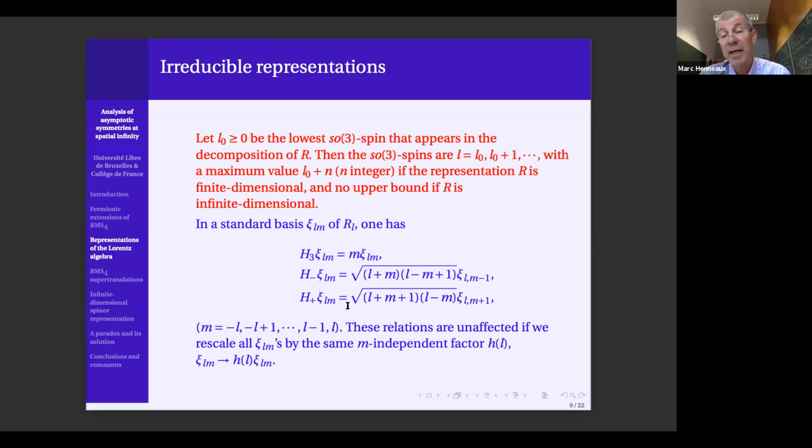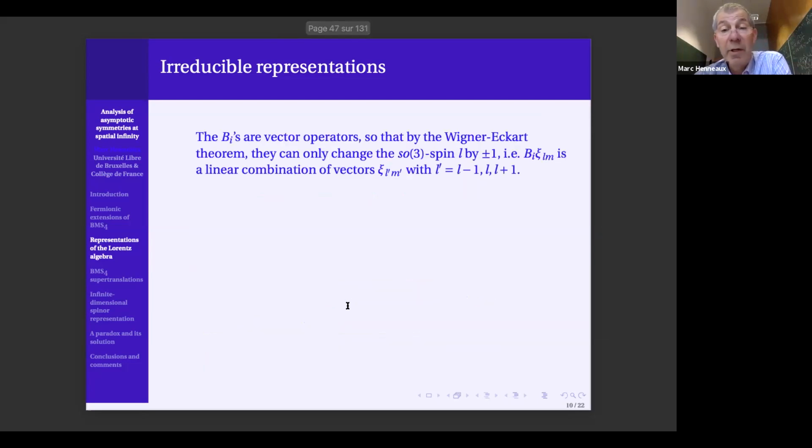So if you just rescale by a common factor all the vectors of some invariant subspace, the formulas will still be the same.